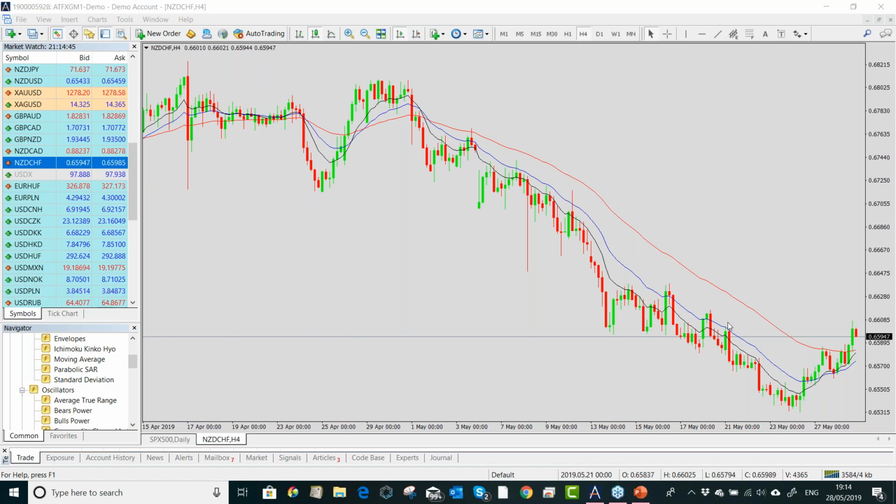So it averages out the price, and therefore, if we can see a clear direction that the moving averages are going in, then that is going to help us identify the trend as well. The moving averages pointing downwards helps us identify a downtrend. If the moving averages were pointing upwards, that would help us identify an uptrend.